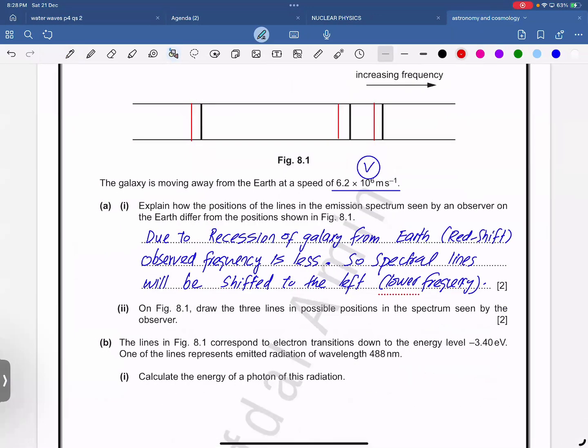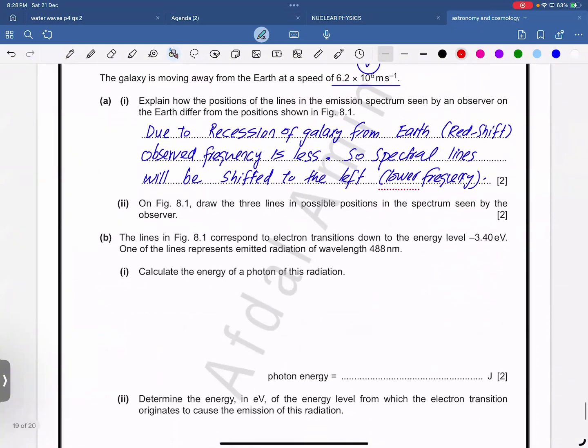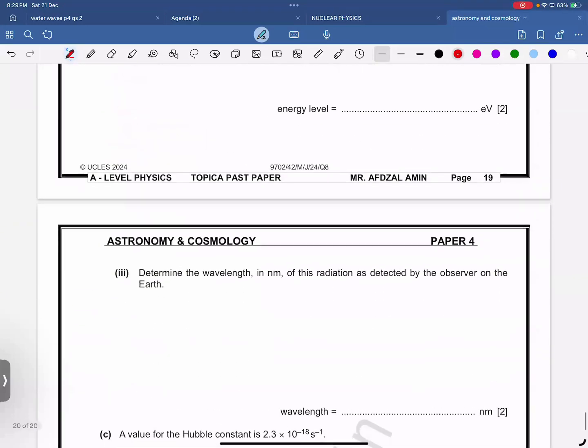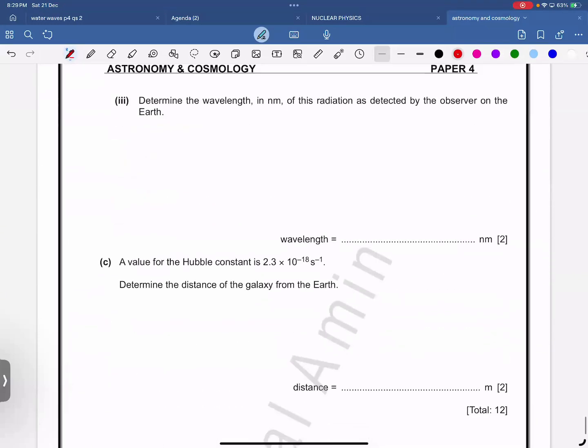Okay. The lines in figure 8.1 correspond to the electron transition. Later. This is typical quantum physics. We will study later. And this we will also study later. This we can do.